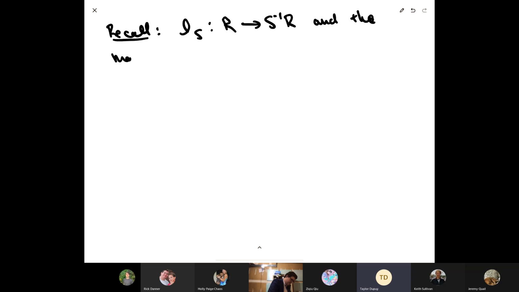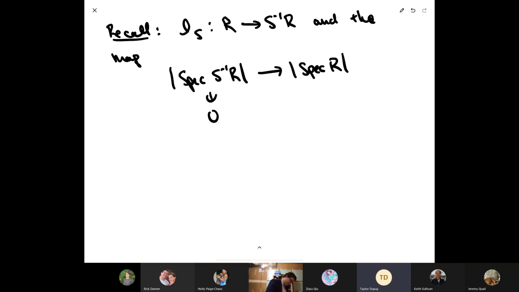Recall that we have this localization map L_S from R to S inverse of R, and the map spec of S inverse of R to spec of R is given by taking some Q prime and mapping it to L_S inverse of Q prime. So the inverse image of a prime ideal is prime.